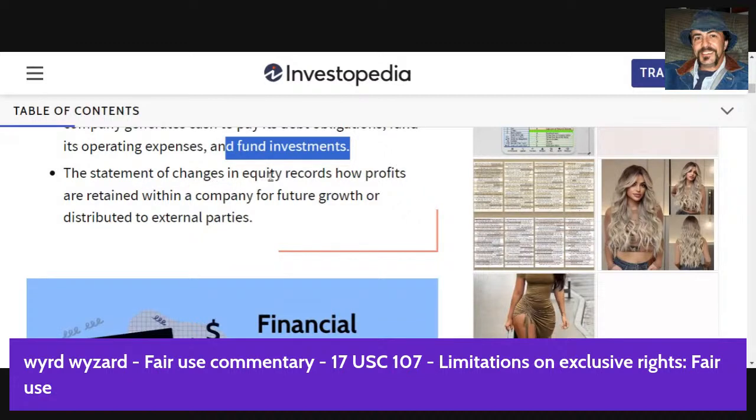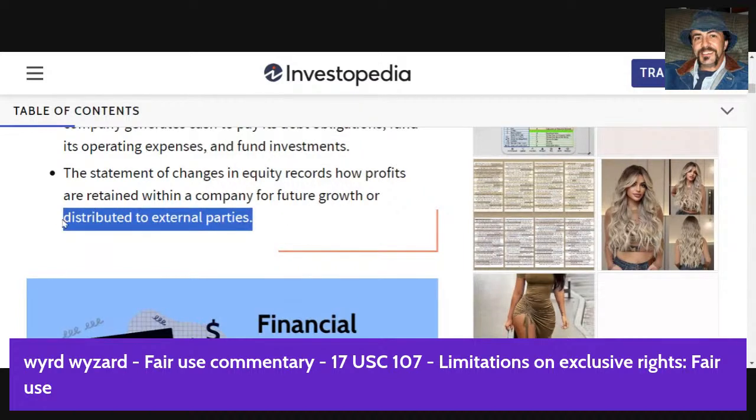The statement of changes in equity records how profits are retained within a company for future growth or distributed to external parties. See, the legal name is a descriptor of a company, and they're treating you as a company, when in fact you're an external party. You are not the individual. You are an external party to the contract, to the investment contract, as the benefactor in the trust. And that stuff is never supposed to have been taken from you. Never.